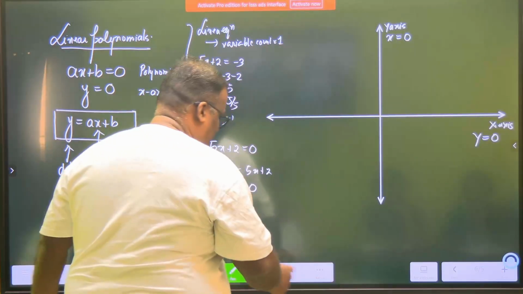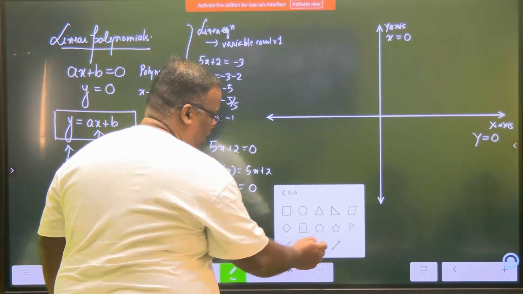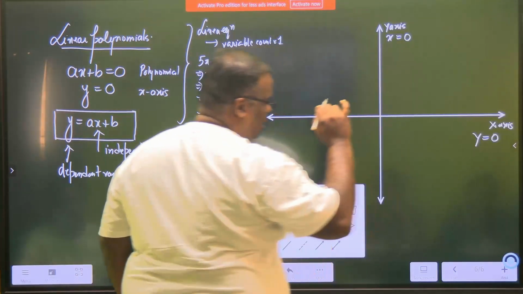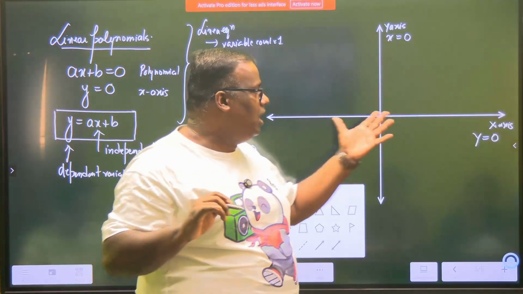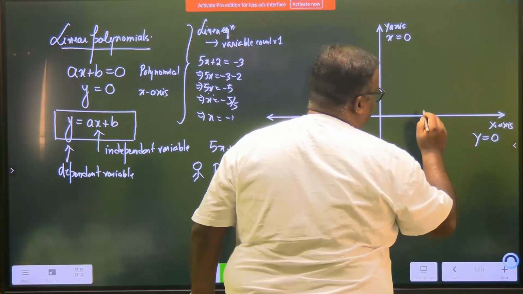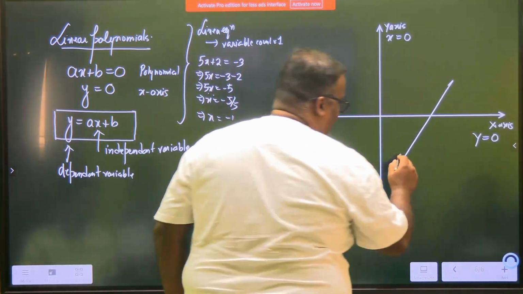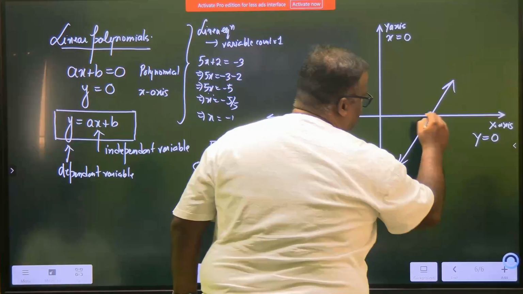Let's bring a line. How many ways can you align a line with the x-axis? The line can be like this. This is a line with the x-axis. Do you agree? In that case, this will be your solution.